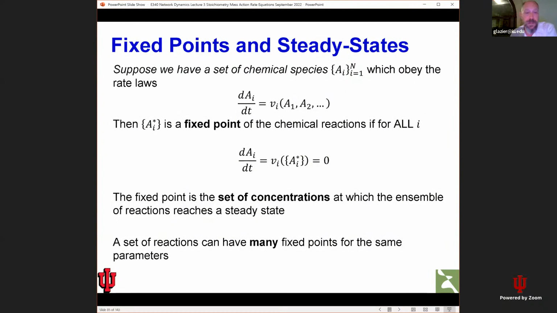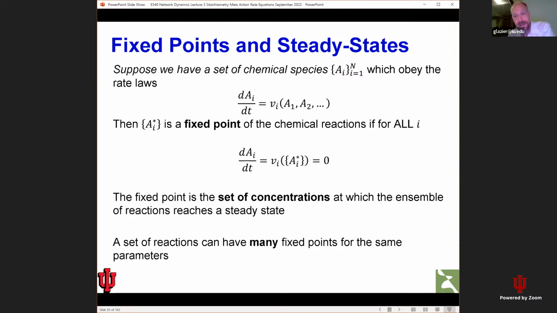Okay. So let's come back to fixed points. That star notation is typical for fixed points. If I have some species, A_i, and different species, I'll call it A1, A2, A3, A4, A5.